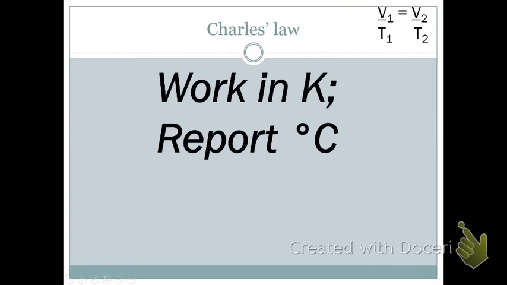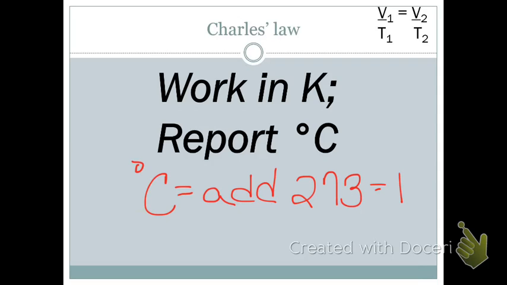So for Charles's law, the big thing we remember again is to work in K and report in degrees Celsius. When we start the problem, if I give you degrees Celsius, you're going to add 273 in order to change it into Kelvin so you can work the problem.